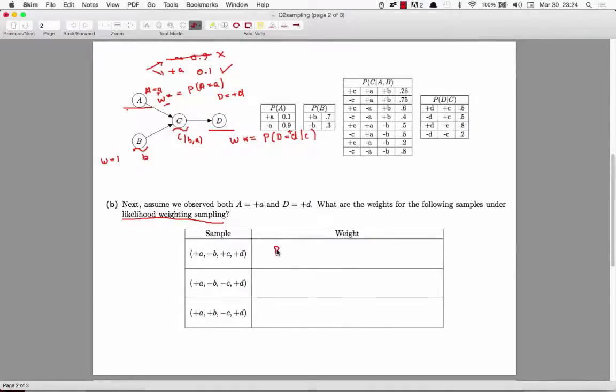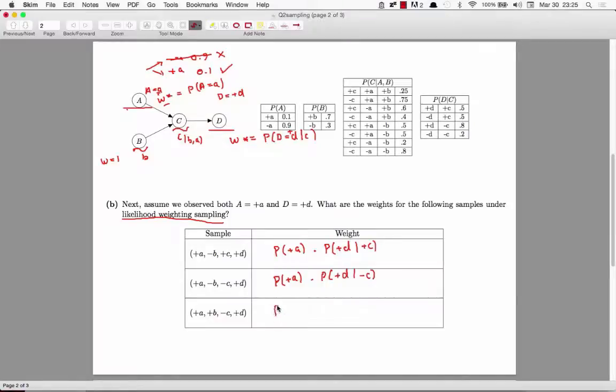So in this case, the first weight update comes with P plus A. The second one comes when we get to D, which is P plus D, given the value of C that we just sampled. So this will be this. Similarly, in this case, it will be P plus A times the probability of the evidence plus D, given the value of C that we sampled.